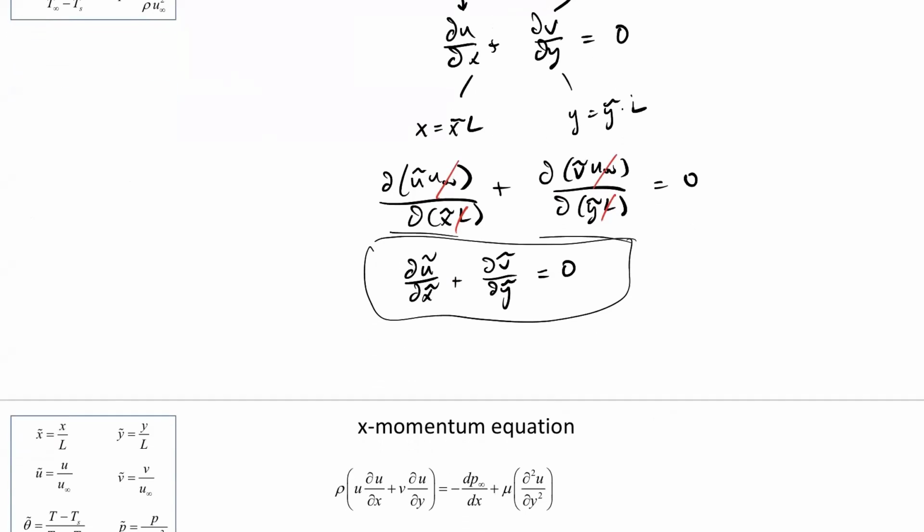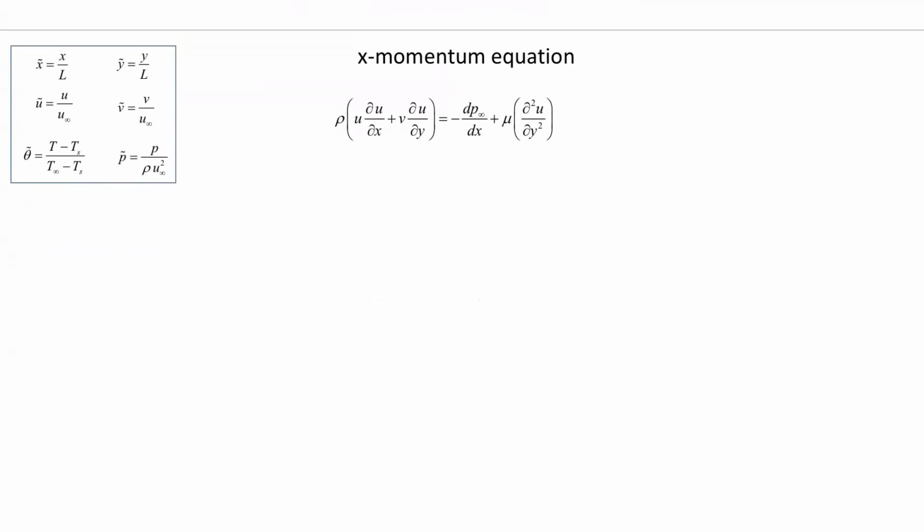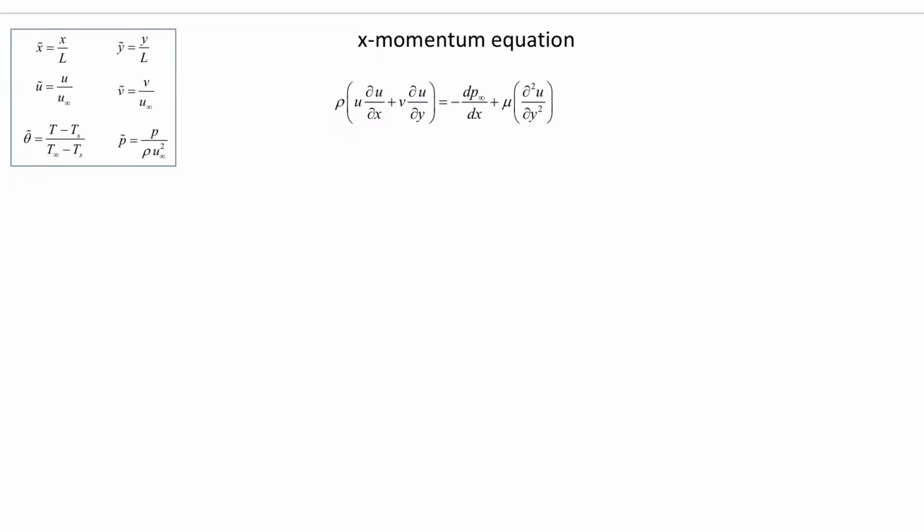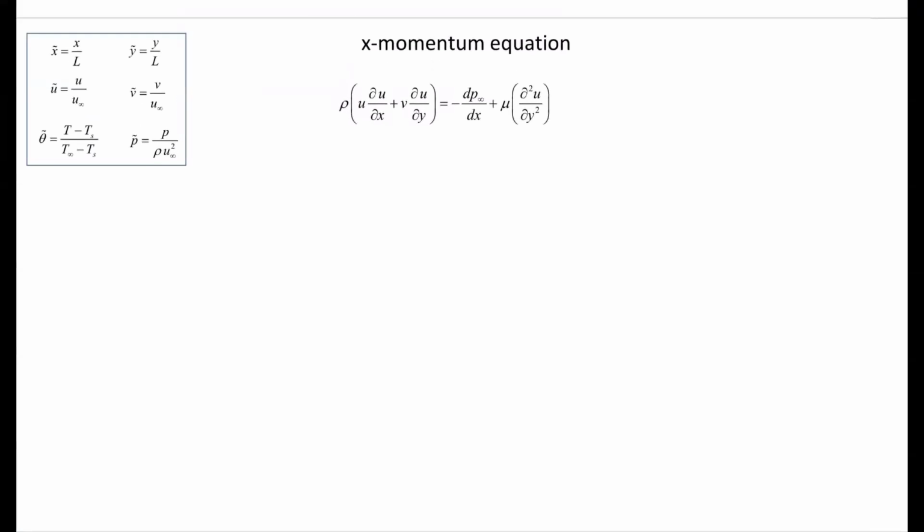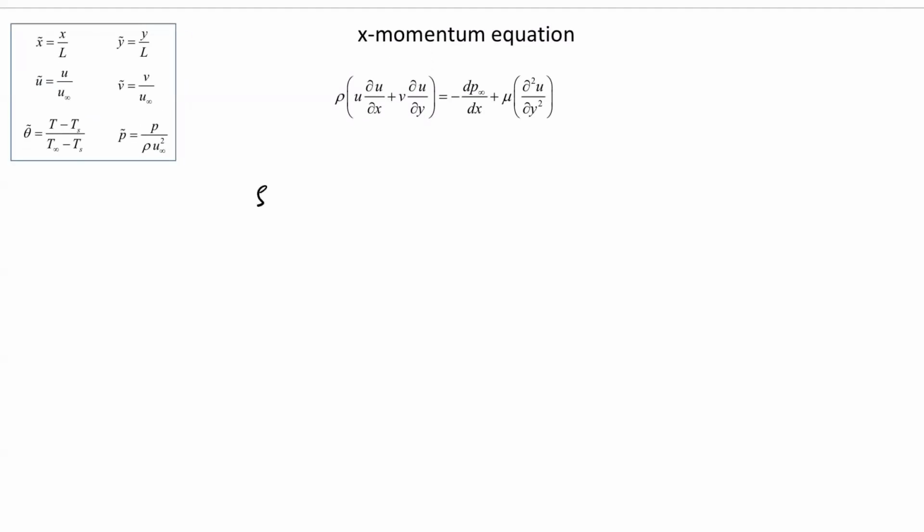Okay, let's go next to x momentum. So for x momentum, we have to do the same thing. So here's our x momentum equation. We're going to substitute in. So let's write this out. We have rho in front.